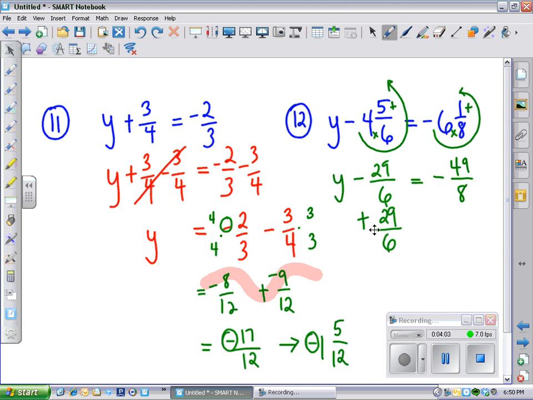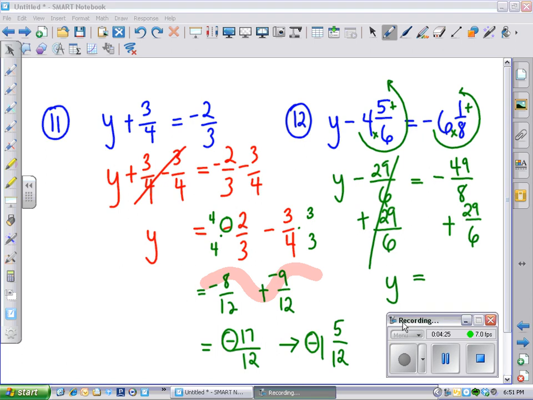I'm also going to add that 29/6 on the right-hand side. Hard fractions to say. Okay, now the left-hand side, we know that that would be the property of opposites, and that will end up with 0. So we're going to end up having our y all by itself, which is what we want.